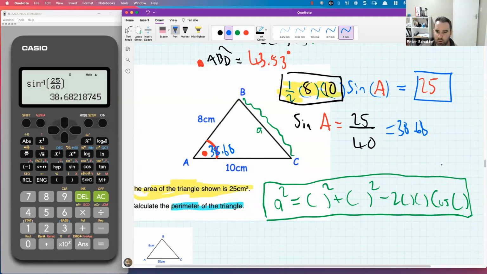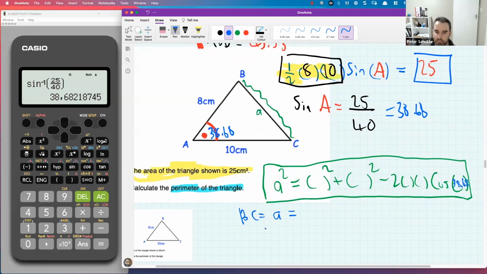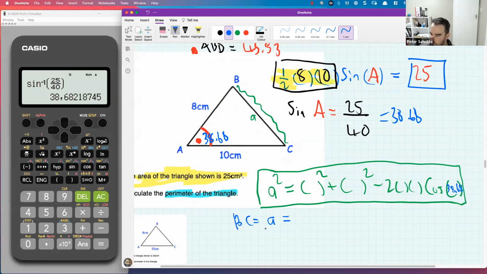And so we'll start with 38.68 there. And then I'd love for somebody to find me what little a is, or you could say BC, it's the same thing. What value do we get for this thing here? So I think it's always the side arms that go there and there.